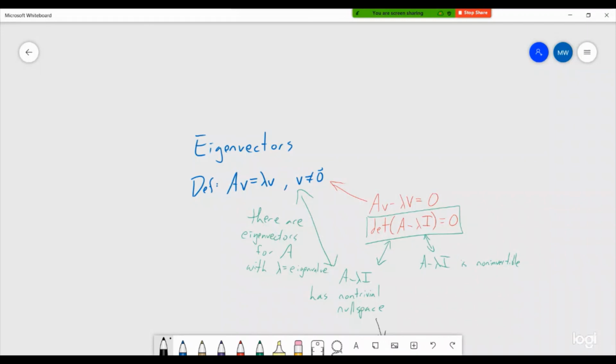So if you totally forgot what it means for something to be non-invertible, but you remembered that non-invertible had a connection to the determinant equaling 0, from there you can say, well, if it's non-invertible, the determinant's 0, there's a non-trivial null space, and you can make those sorts of connections.